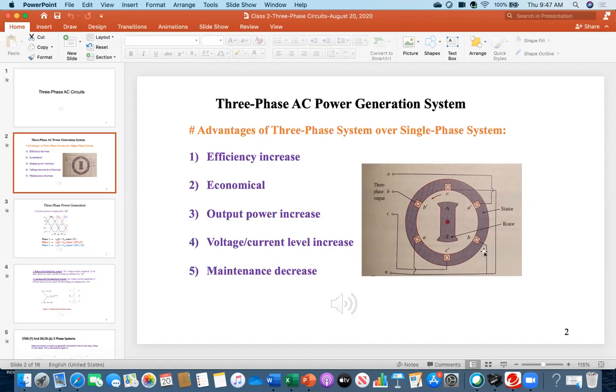Here, because it is a single compact system, only one operator is enough. In that sense, it will have less maintenance. So these are the motivations, or the main points, of the beneficial features of the three-phase system over the single-phase system.